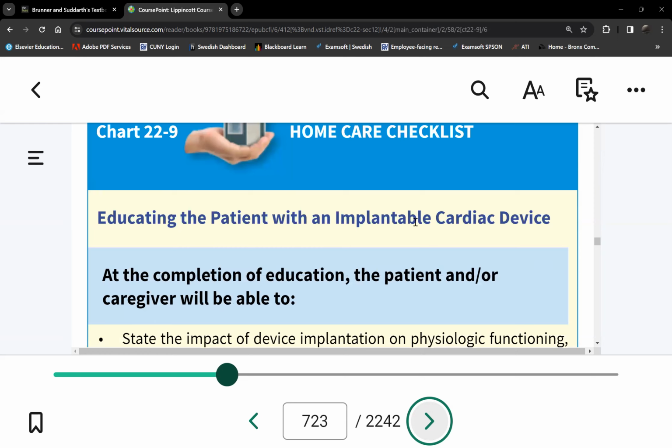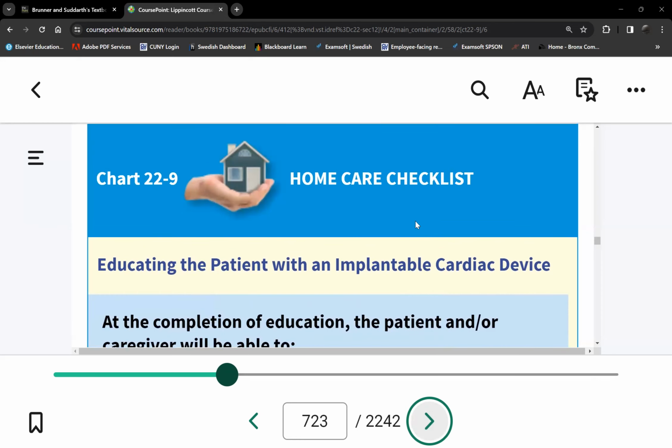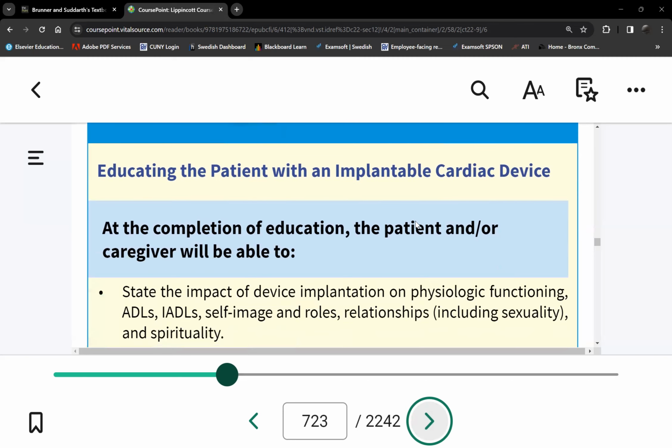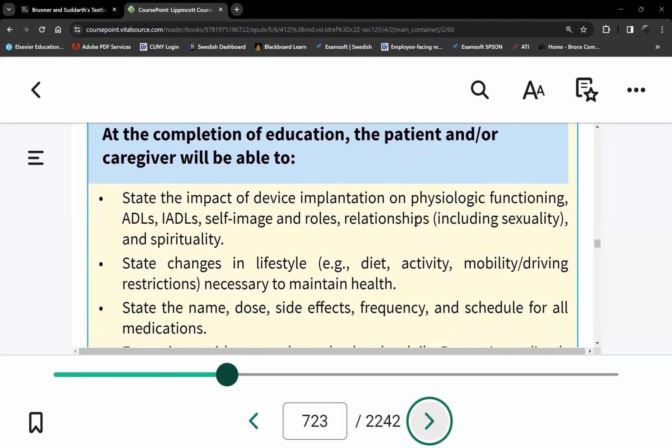Are both implantable cardiac devices? Yes, the patient can either have a pacemaker and or an ICD, but teaching is the same. They're under chart 22-9. You understand? Again, don't disregard the paragraphs because the discussion is in the paragraphs.